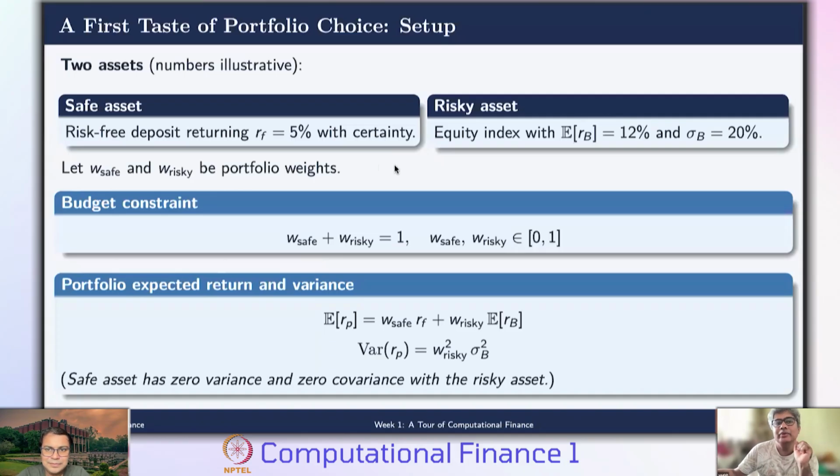So in India particularly, if you see, the repo rate is around 5%. So even if you keep your money in say SBI fixed deposit or SBI bonds, you will get only around 6% or something like that. So the repo rate is the risk-free rate. That is why we chose around 5%.